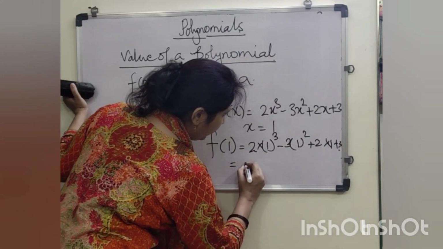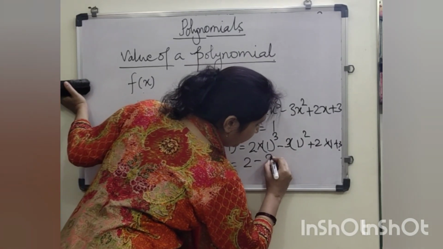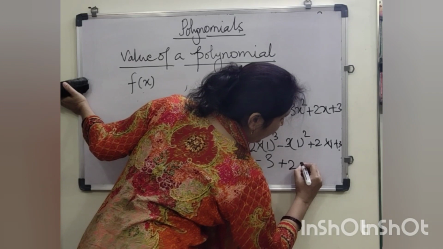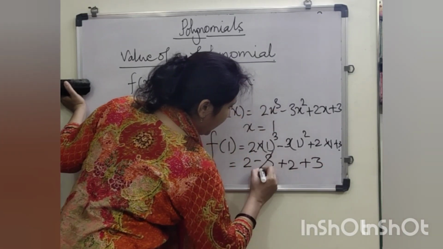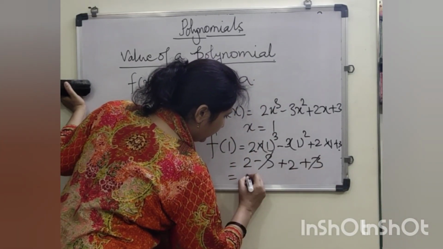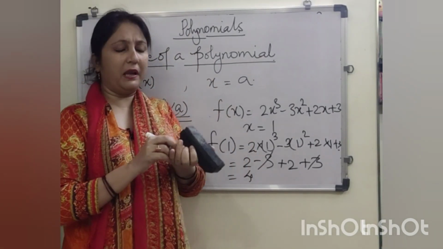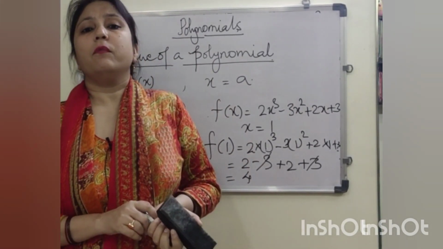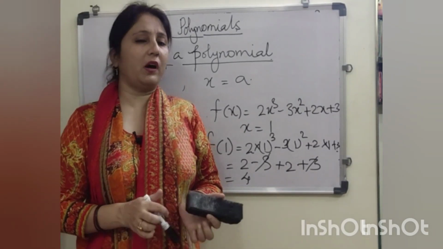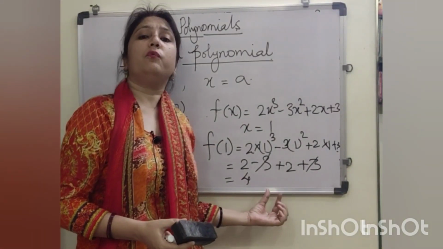So children, it is 2 minus 3 plus 2 plus 3. Minus 3 plus 3 get cancelled and 2 plus 2 is 4. So value of the polynomial at x is equals to 1 is 4.